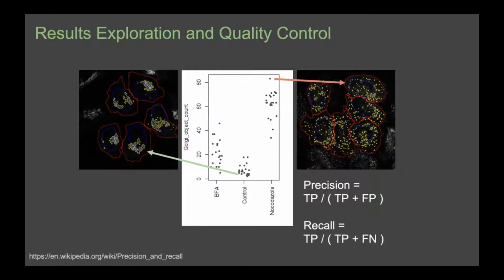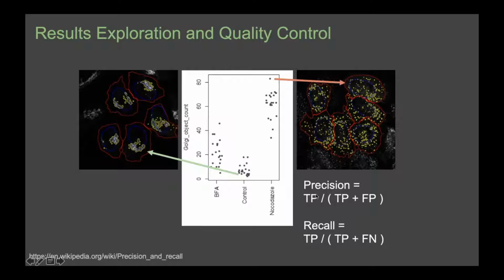Another thing that one should do is manually annotate a few of these cells, where you manually try to find, for example, the Golgi in that case, and compare this to what the computer did. And then you can compute different values. Two standard ones are called precision and recall.